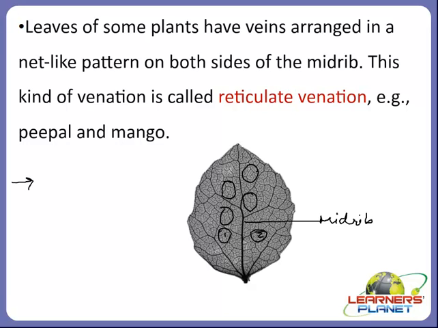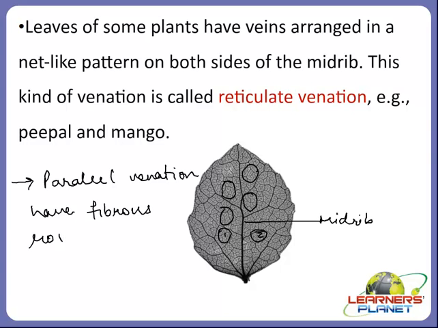Always remember, the plants whose leaves have parallel venation have fibrous roots, while the plants with reticulate venation have tap roots.